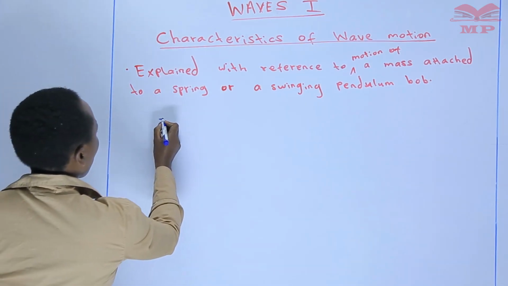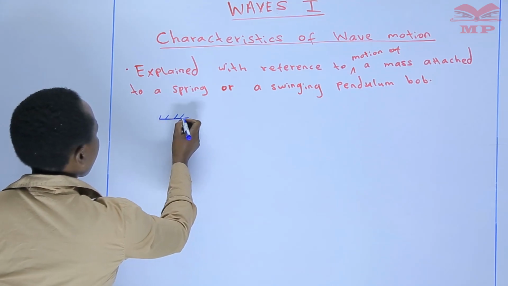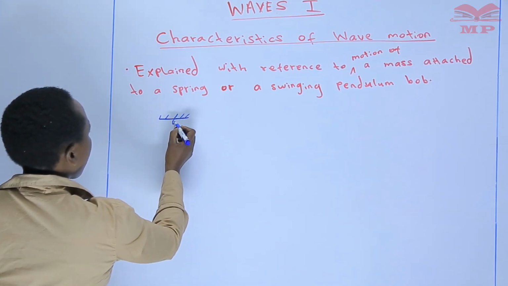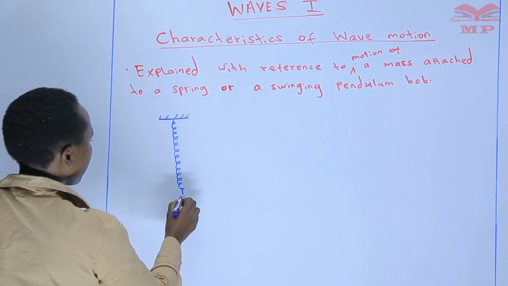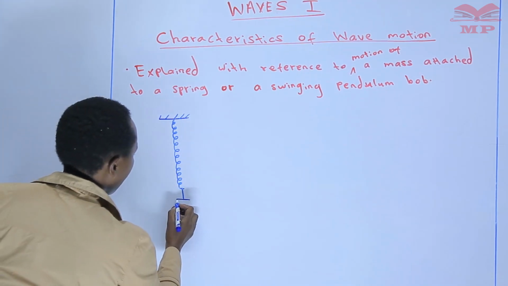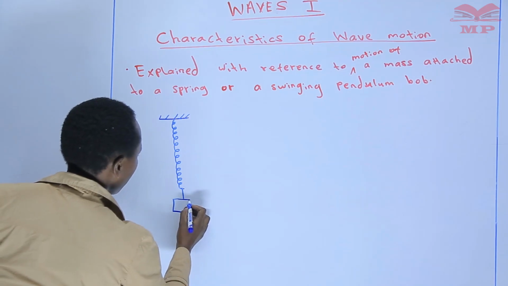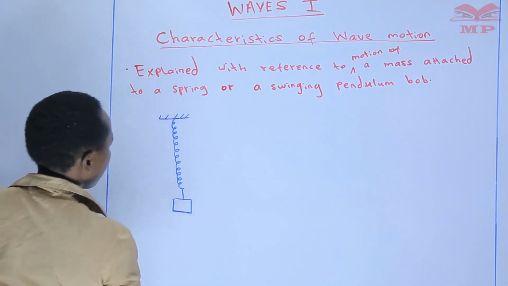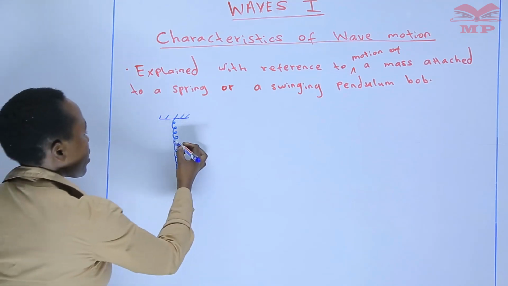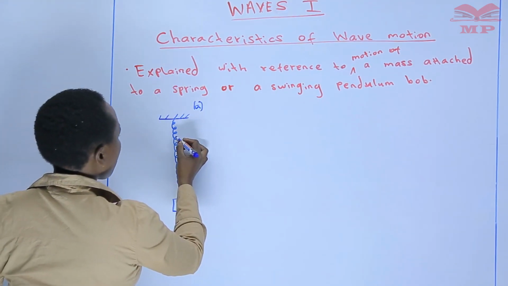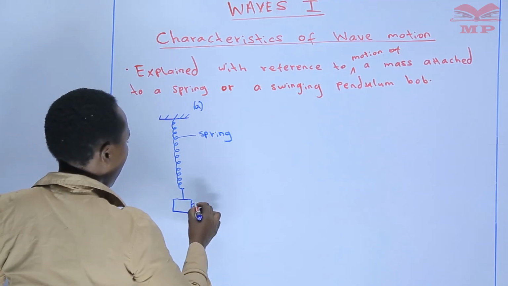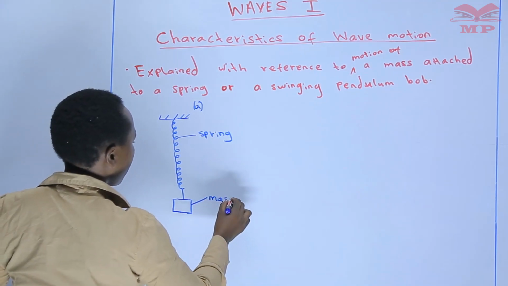So here we are going to consider, this is our fixed point, and then here we have a spring. That's our spring. On this end we have a mass attached onto it. So this is our mass. So that's what we have. So this is our spring, and here we have the mass.